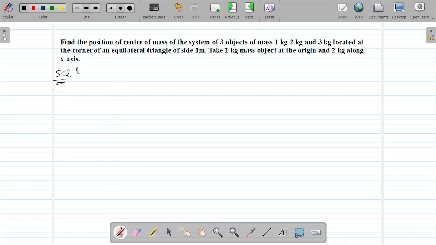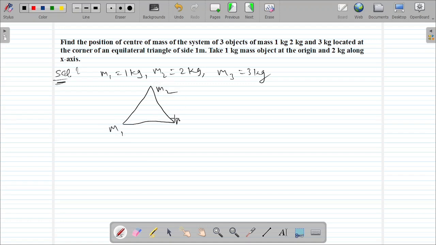Here are three objects, m1 1 kg, m2 2 kg, m3 3 kg, located at the corners of a triangle. So this is the triangle, and these are going to be the corners. Let's consider this is m1, m2 and m3. The three are at the corners of the triangle.